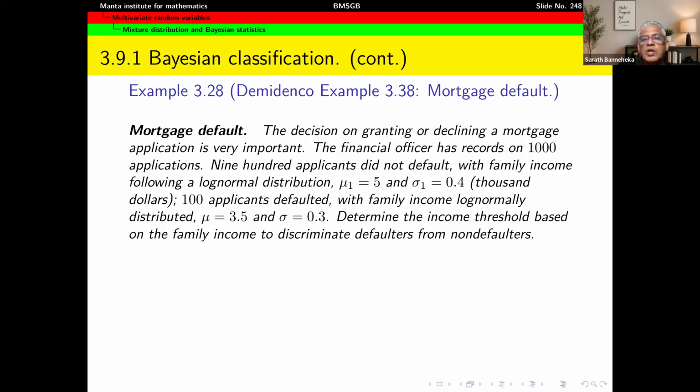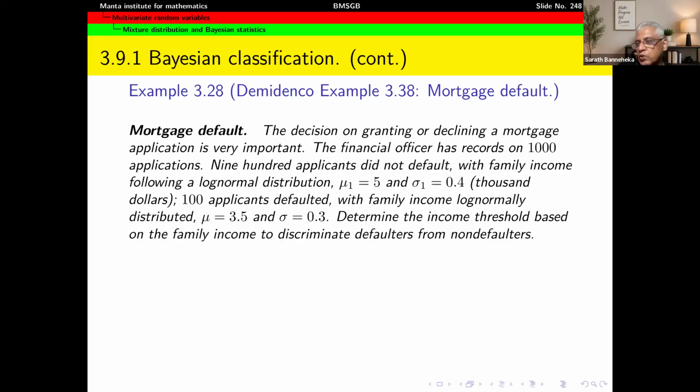They have not defaulted, with family income following a log normal distribution with mu1 equal to 5 and sigma1 equal to 0.4, in $1,000. They have already observed that 100 applications have defaulted. So 100 people have not been paying the mortgage, with family income log normally distributed with mu equal to 3.5 and sigma equal to 0.3.